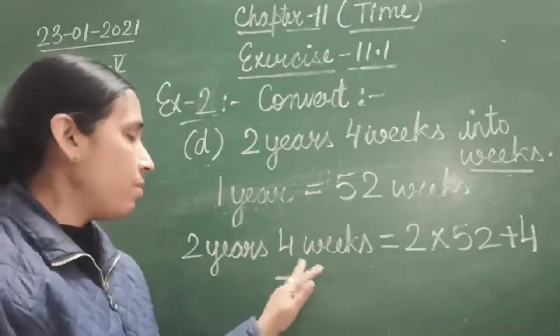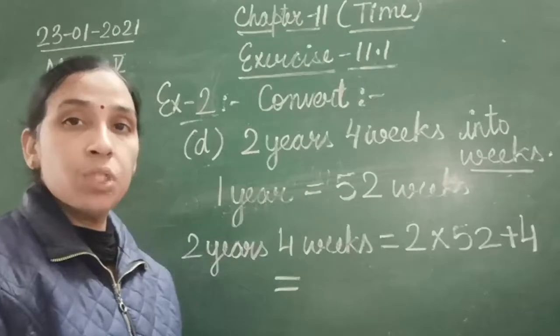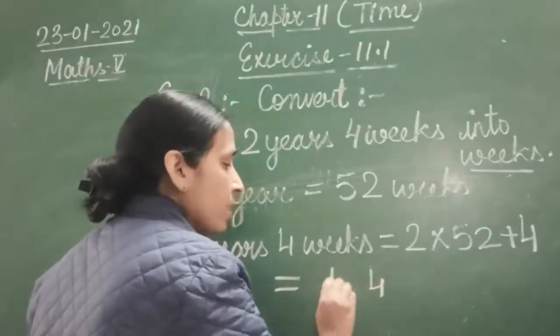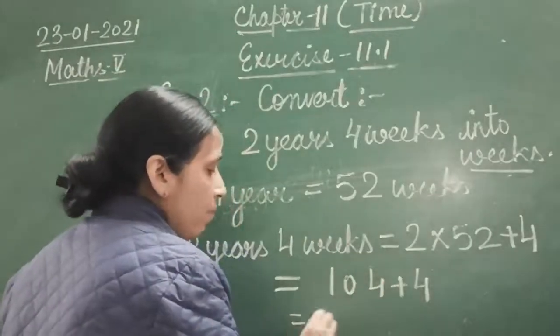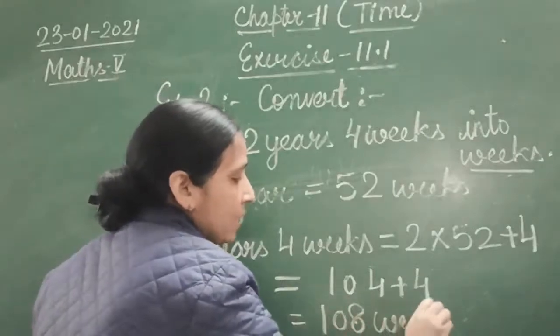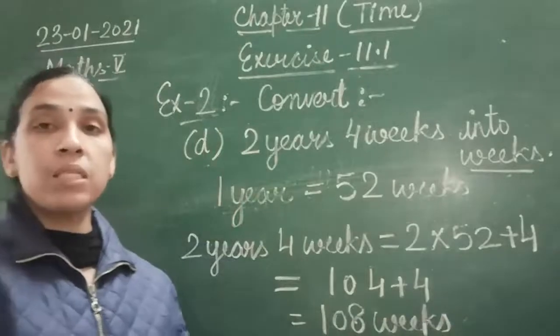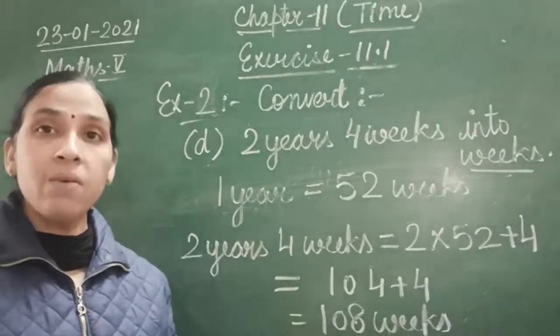2 years, 4 weeks is equal to 2 multiplied by 52 plus 4. 2 2s are 4, 2 5s are 10, 104 plus 4. The sum will be 108 weeks. That only you are supposed to change, that in 2 years, 4 weeks, how many weeks are there?